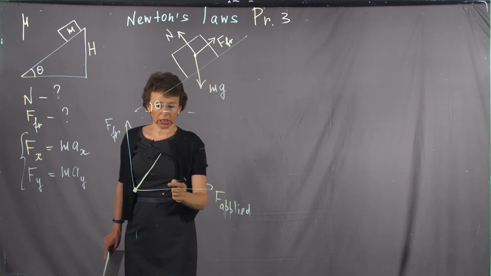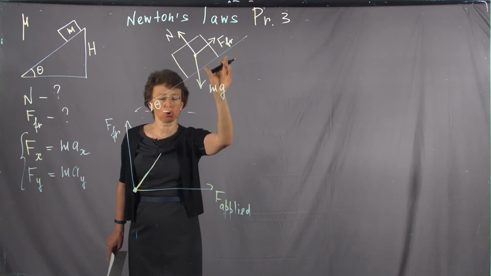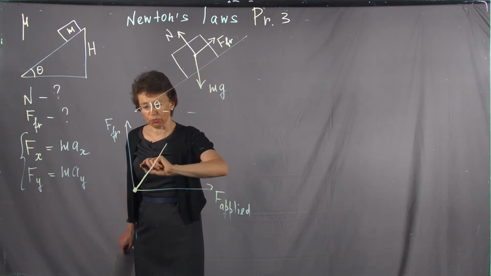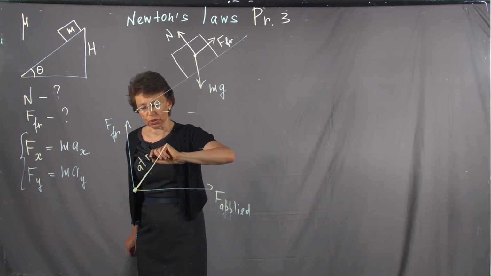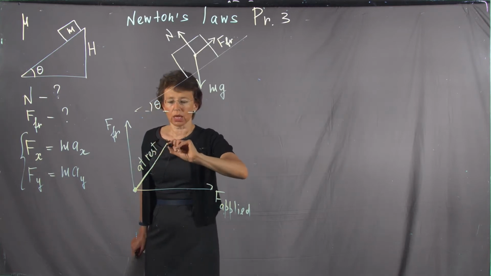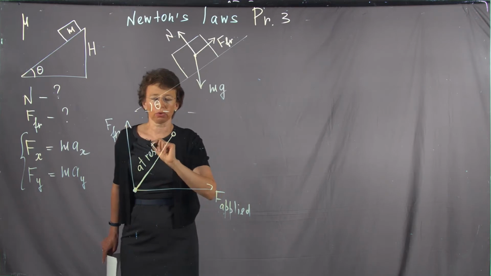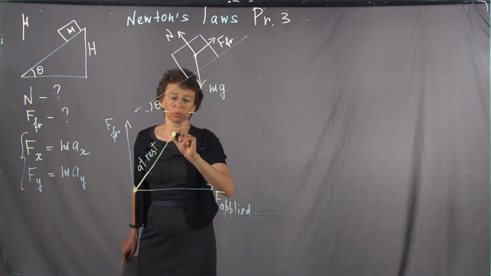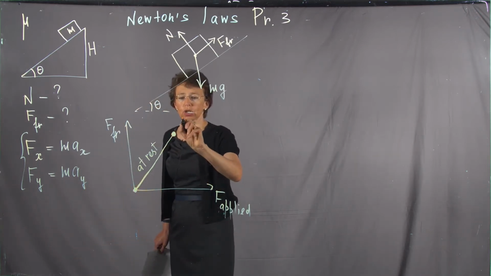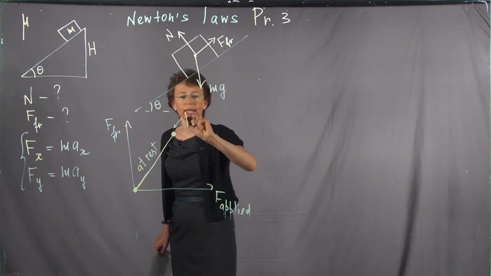Question is it large enough to overcome friction? So I have first the block at rest, and then I reach this critical value of force of friction, maximum value of force of friction, which is mu static n.